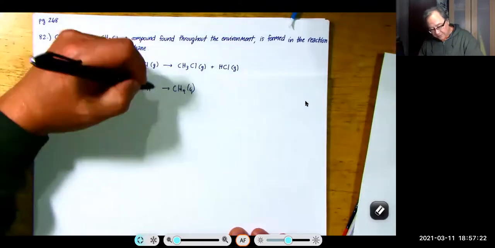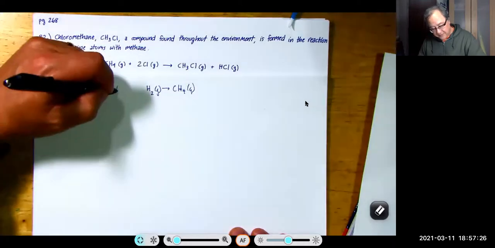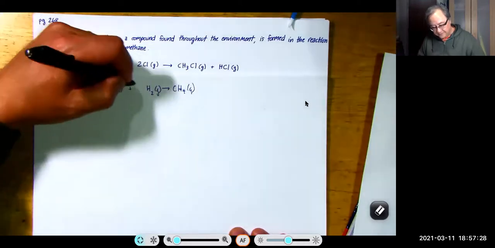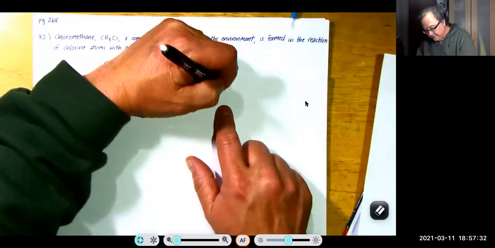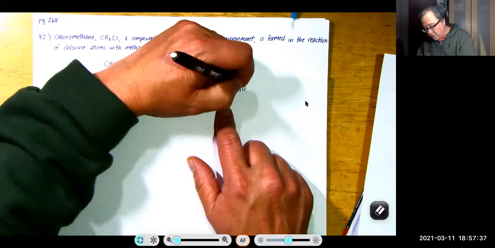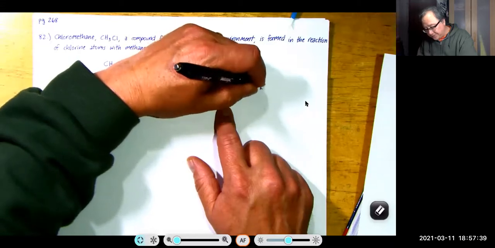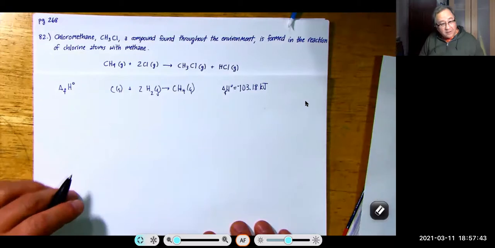Hydrogen is a diatomic, and it's a gas at room temp. Carbon is a solid at room temp. And to balance this, I put a 2 here. And the energy for this one is negative 103.18 kilojoules.